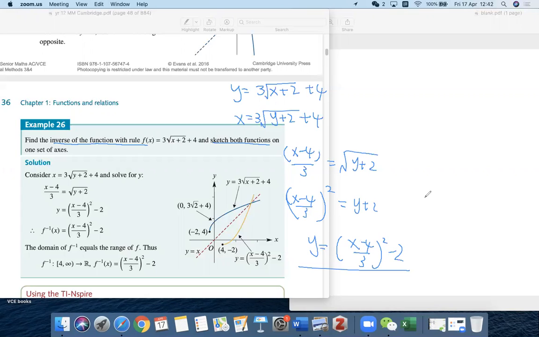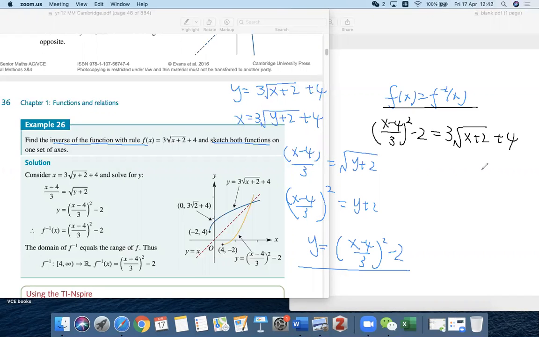But if I change this question a little bit, and the second question asks you to find f(x) equals f inverse(x), using our old method it becomes ((x minus 4) over 3) squared minus 2 equals 3 times the square root of (x plus 2), plus 4. Then you realize that if we square both sides to get rid of this square root, we get x to the power 4, which means technically we cannot solve it by hand.